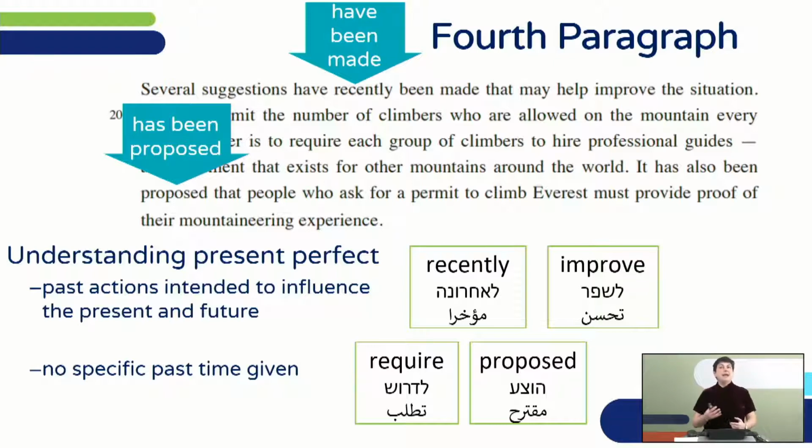But it can also be an adjective. The proposed suggestion is. So using proposed as an adjective to describe the suggestion, as a noun itself, or as a verb doing the action. Each of these words can be used in multiple ways.